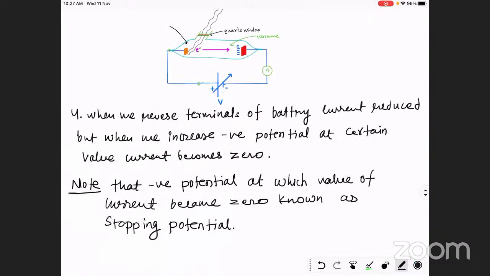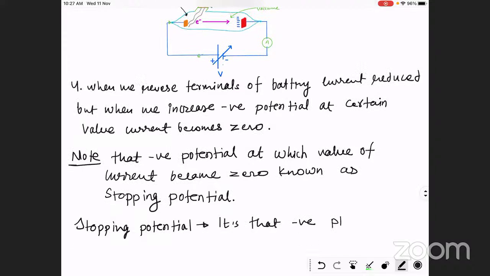Can you suggest another definition of stopping potential? To stop or repel the electron.